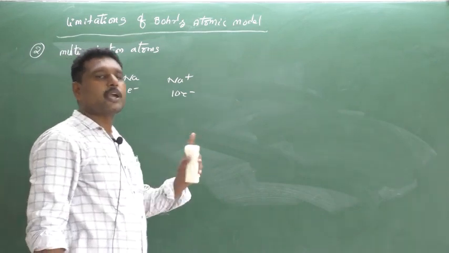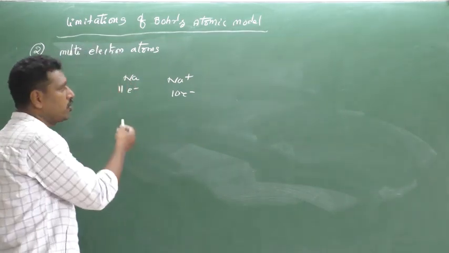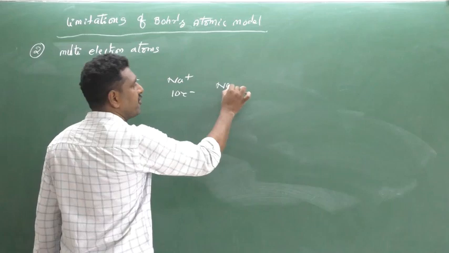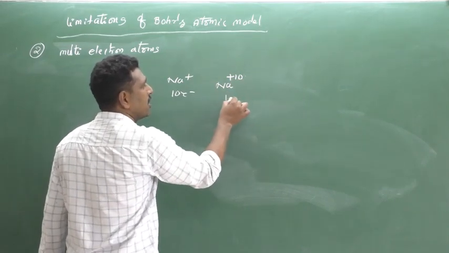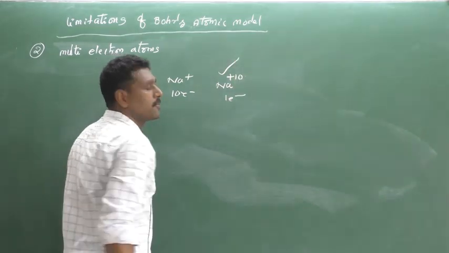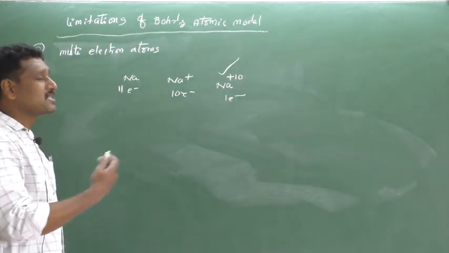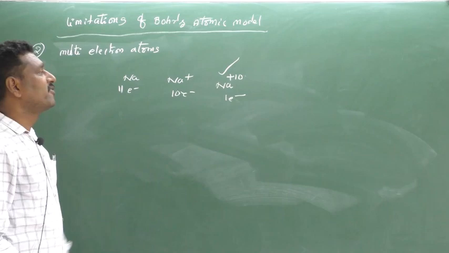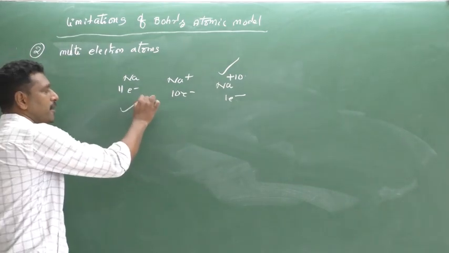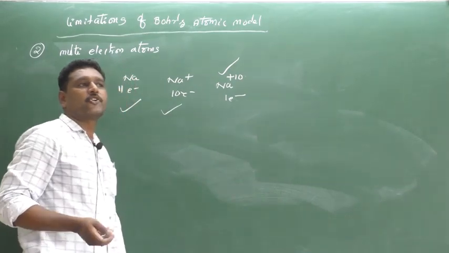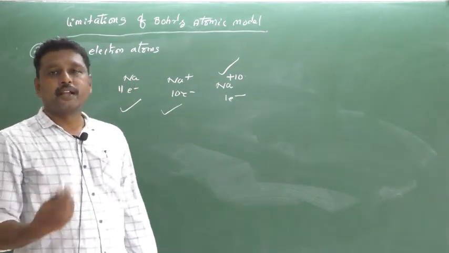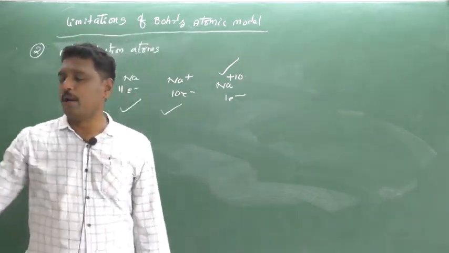So it is not applicable for multi-electron atoms like sodium or the sodium ion. For example, if it has plus 10 charge, how many electrons are there? 1 electron. Therefore, it is applicable for the sodium plus 10 ion. But it is not applicable for the sodium atom and the sodium ion. If it loses 10 electrons, it has only 1 electron. In that case, it is applicable.